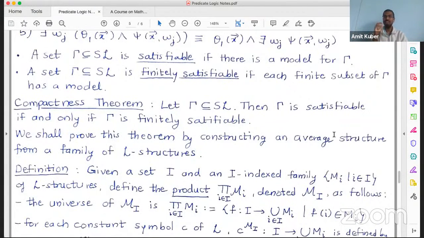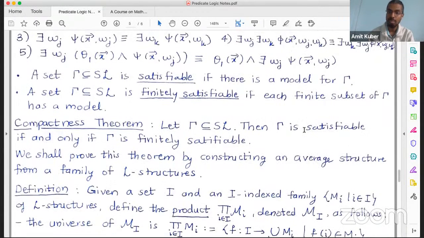There could be several different averages of a given family of L structures. There could be multiple averages, and those averages will depend on ultra products. And ultra products correspond to an ultra filter.